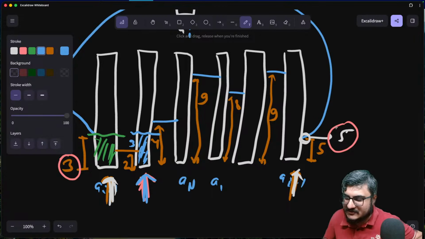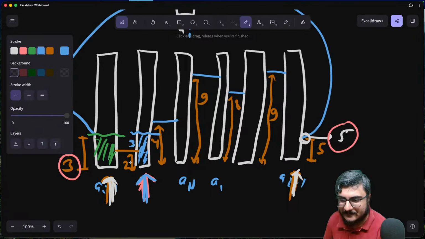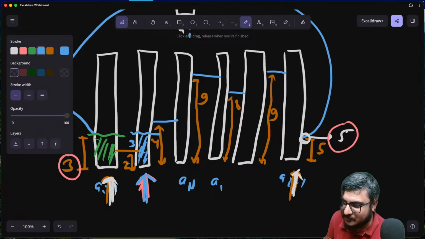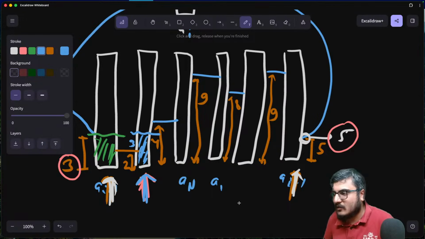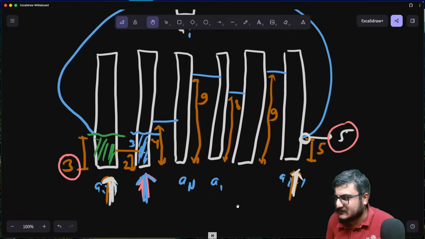Does this claim also sound true? It doesn't really matter. Overall, the solution would be n square, and that's where we are. So if I have water at height 3 over here, even if I have pipe 2, what I have to look at is, or another way to look at it is like this.